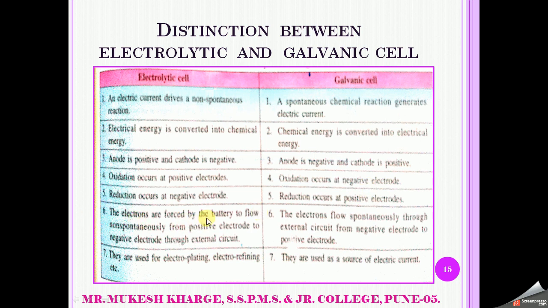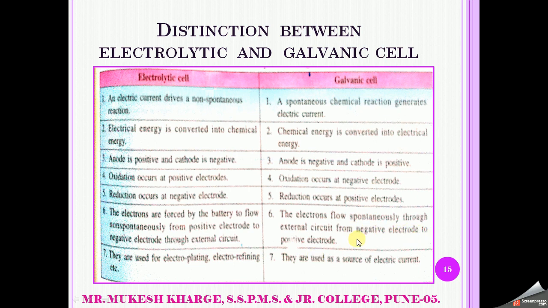Then electrons are forced by the battery to flow non-spontaneously from the positive electrode to the negative electrode through the external circuit, while in the galvanic cell electrons flow spontaneously through the external circuit from the negative electrode to the positive electrode.